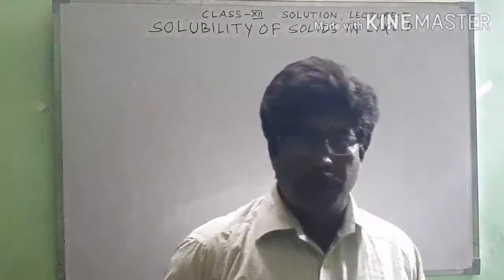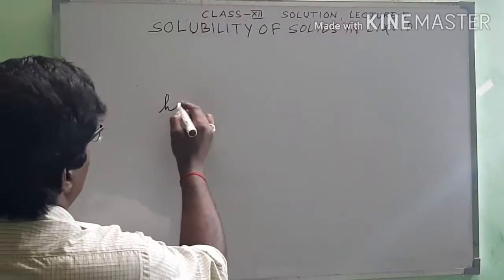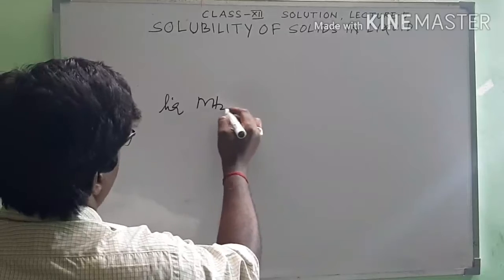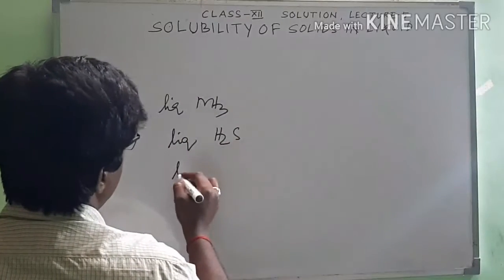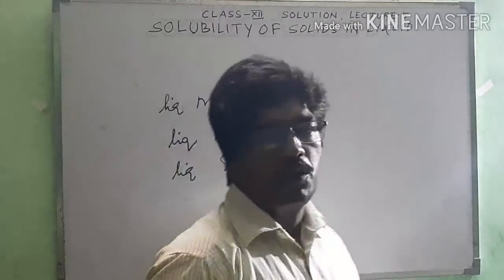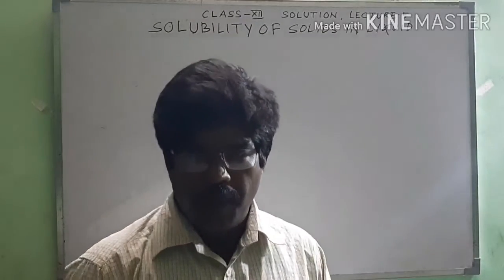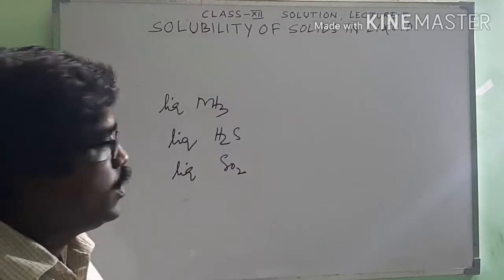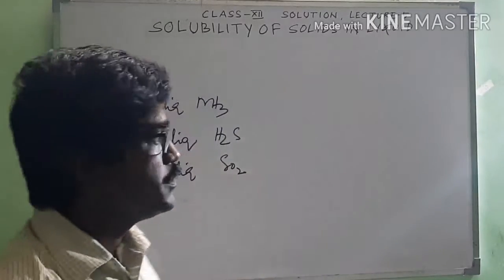Water is a polar solvent. Other polar solvents are liquid ammonia, liquid H2S, liquid sulfur dioxide. Liquid ammonia, liquid H2S and liquid sulfur dioxide are also good solvents for ionic compounds.